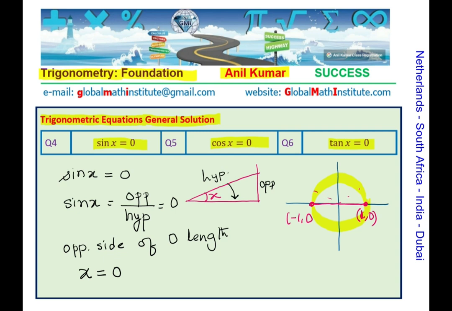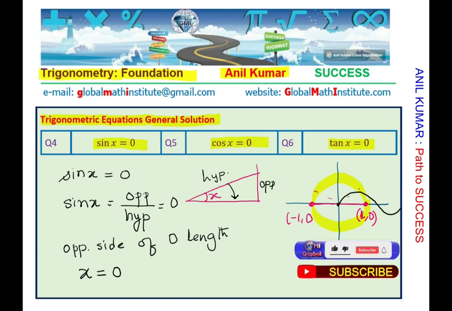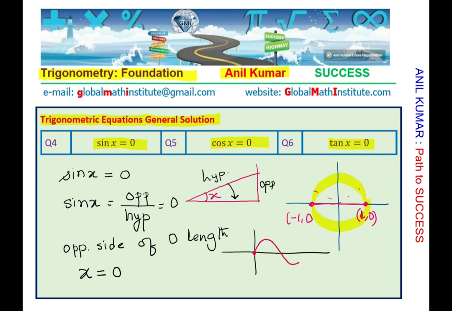If you sketch the sine graph, how will it look like? It looks something like this, right? Let me sketch it somewhere else. Instead of here, let me sketch it right there. So sine graph is something like this, correct? It is periodic, it repeats.